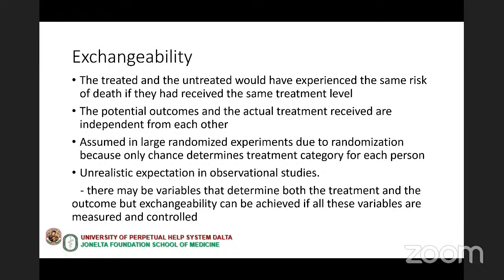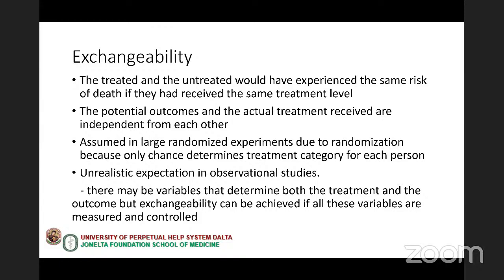Exchangeability. The treated and the untreated would have experienced the same risk of death if they had received the same treatment level. So the potential outcome and the actual treatment received are independent of each other. This can be assumed in large randomized experiments due to randomization, because only chance determines the treatment category for each person.